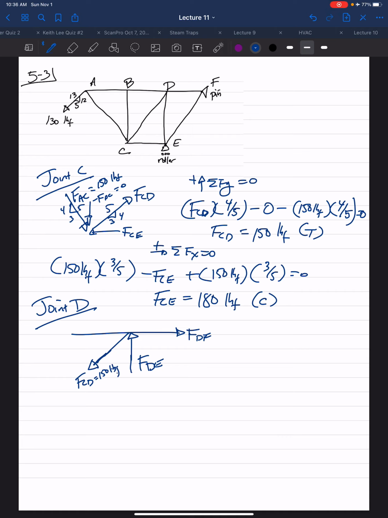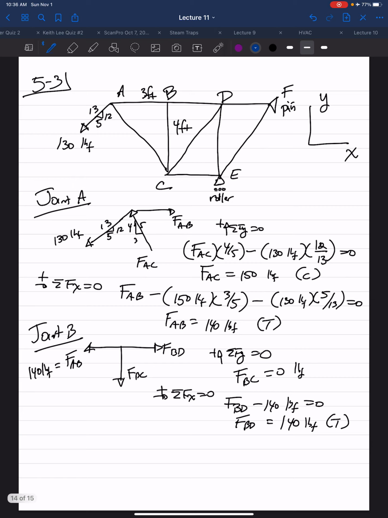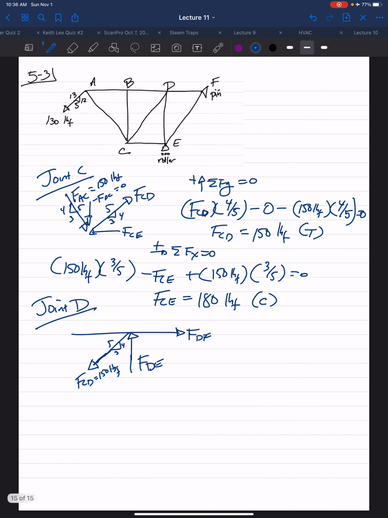We just calculated that. And we know from before that FBD is 140 pound force.